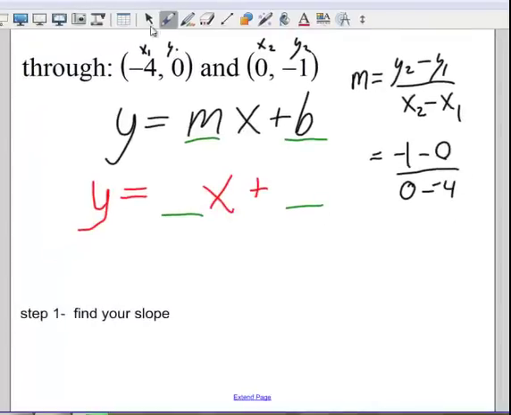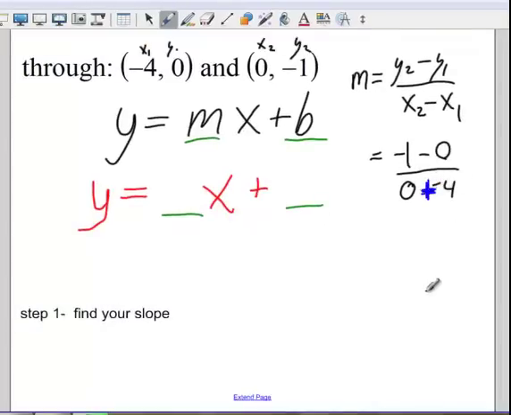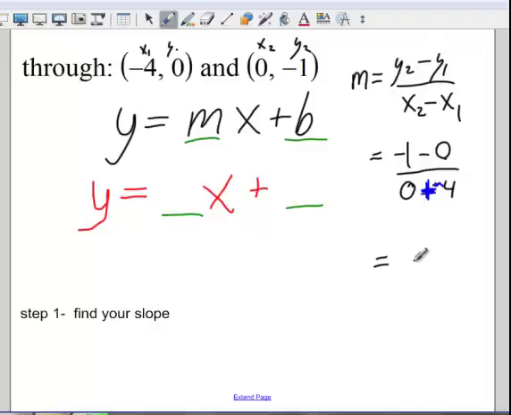Well, two negatives turn into a positive, so this thing is a positive 4. So my slope here is equal to negative 1 over a positive 4. So there's my slope. I can put this right here.